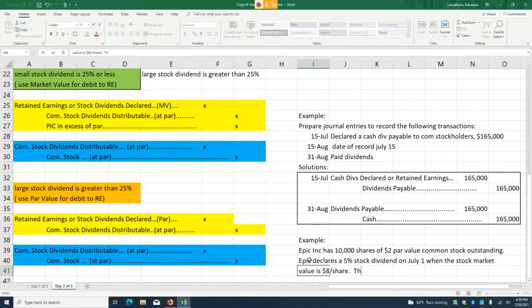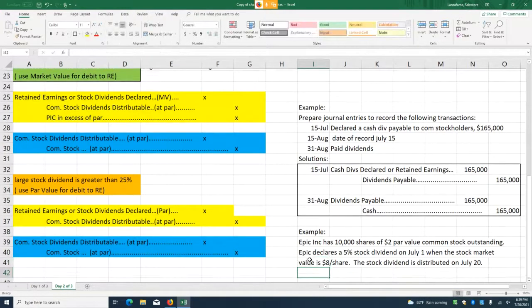The stock dividend is distributed on July 20th, and then it wants us to prepare the journal entries.